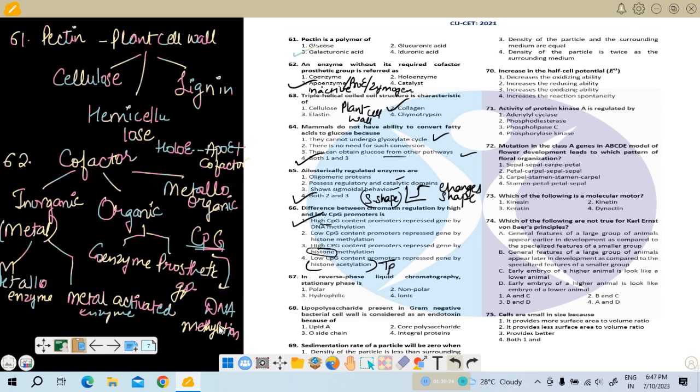Okay, now 67th, in reverse phase liquid chromatography, stationary phases. This is a question from chromatography, like types of chromatography. There gel filtration chromatography is there, column chromatography is there. This is also a type of chromatography, reverse phase liquid. Here what happens, there is stationary phase and mobile phase.